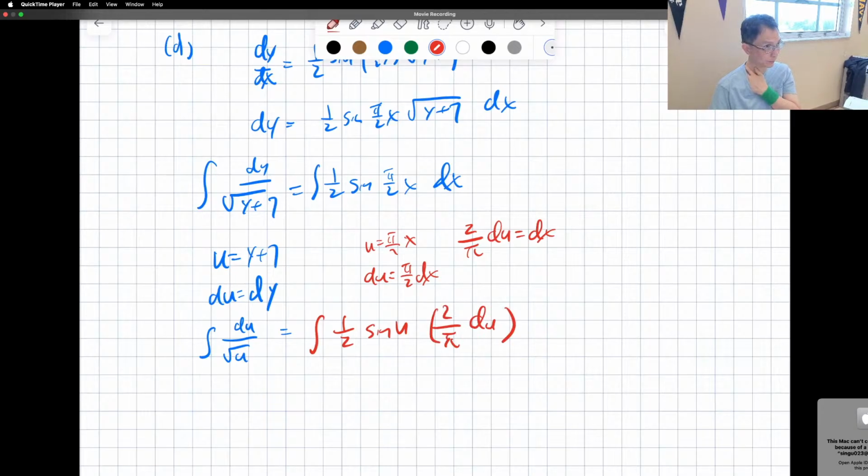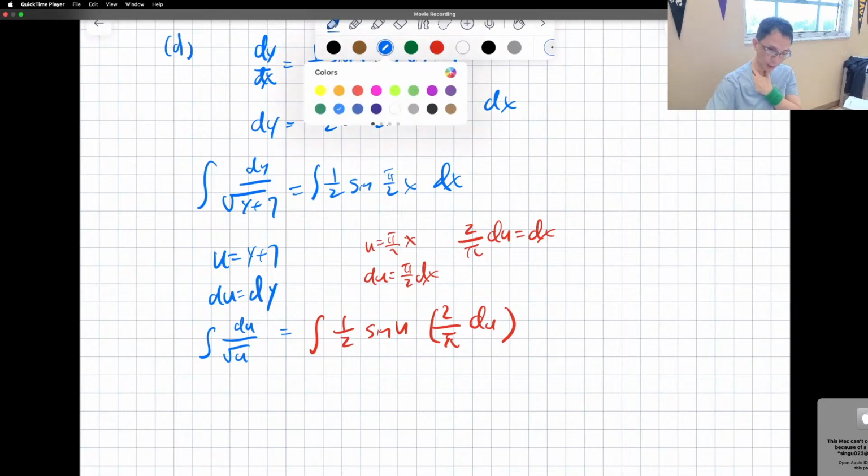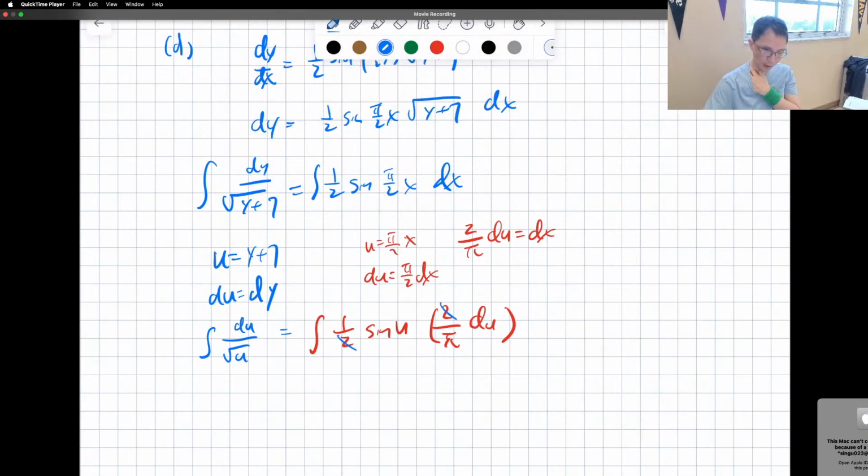Questions? So this 2 cancels out. I can take out the 1 over pi in the front. So this is u to the 1/2 du, and this one is sine of u du times 1 over pi, I believe. Is that okay so far? Yeah.